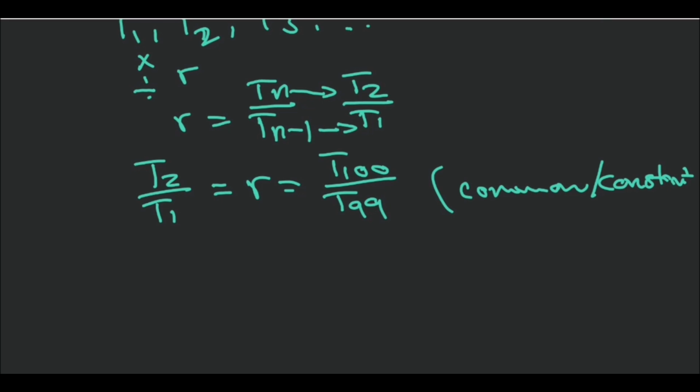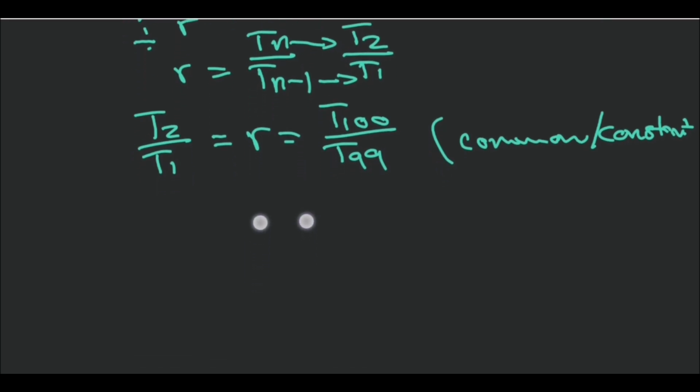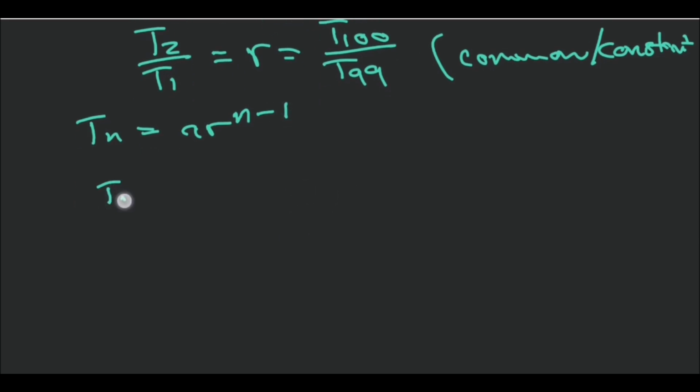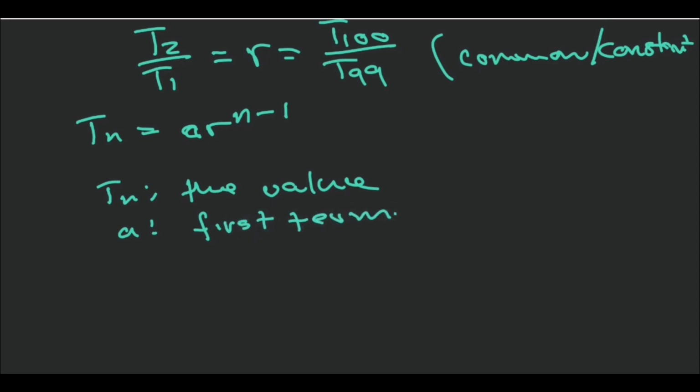All right. So as always, every sequence has a general term, right? In this case, the general term of a geometric sequence is Tn is equal to A times R to the power n minus 1, right? And in this case, the Tn does not change. The Tn is still the value of the term in a sequence, and A is also still the first term in the sequence.